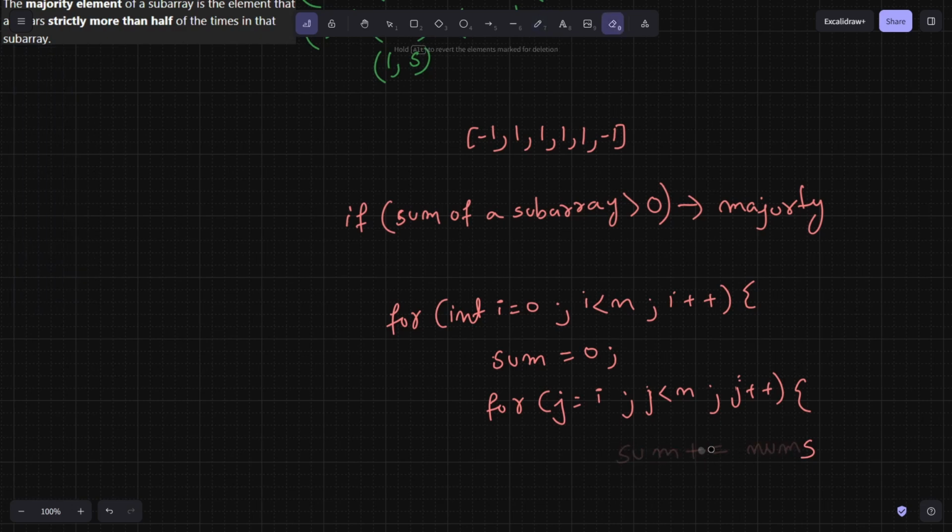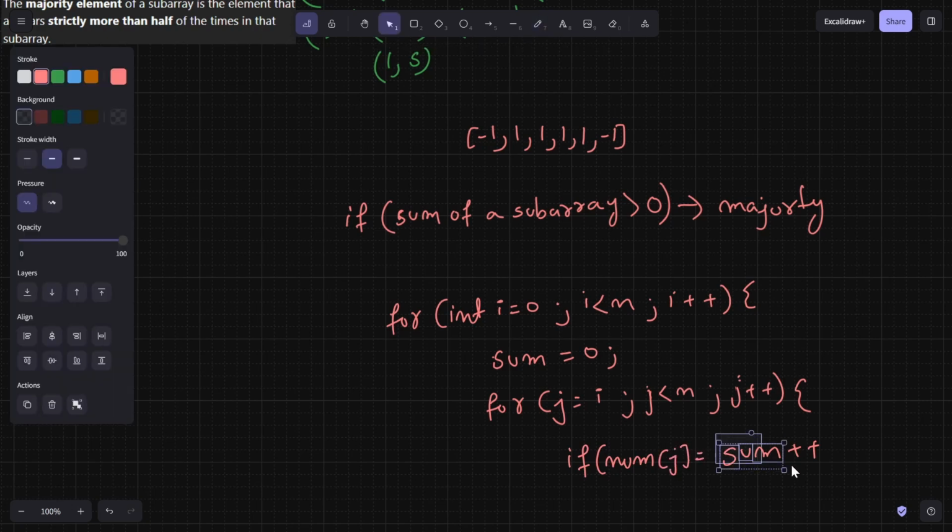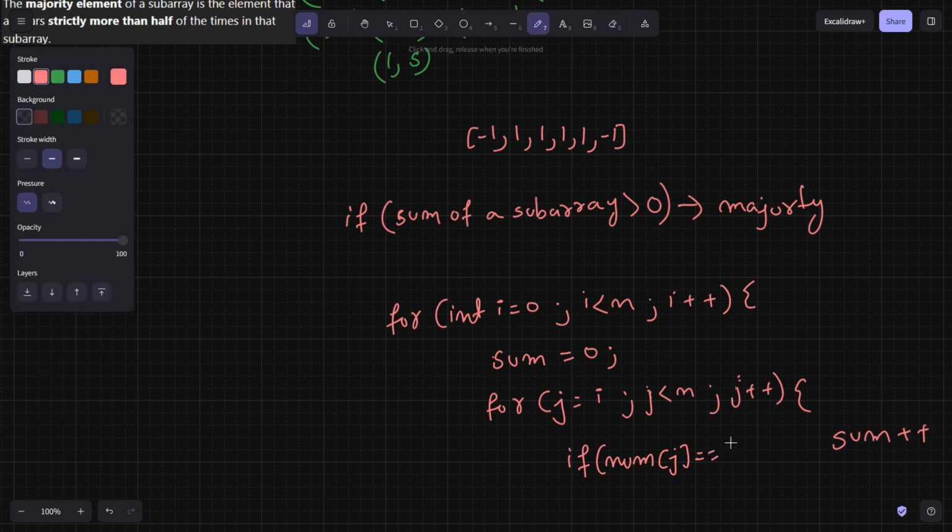We have to increase sum by 1 if nums of j is equal to target, so we do sum plus plus, else sum minus minus.